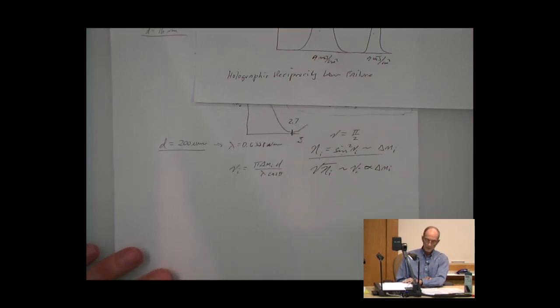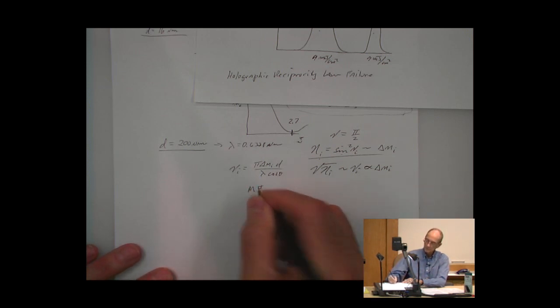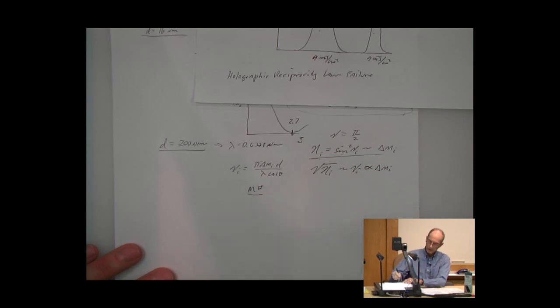So there is a measure that's often used for multiplexing called the M number for a hologram. And what that M number represents is the number of equal efficiency holograms that can be recorded in a medium that has a certain delta n.